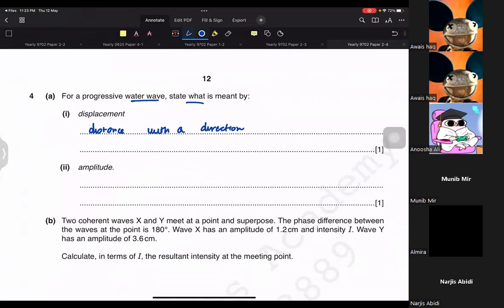But now you have to write one more, and the second point should always be from the equilibrium, because waves oscillate up and down or back and forth, right? So they have an equilibrium. What is an amplitude? That's the maximum displacement from the equilibrium.